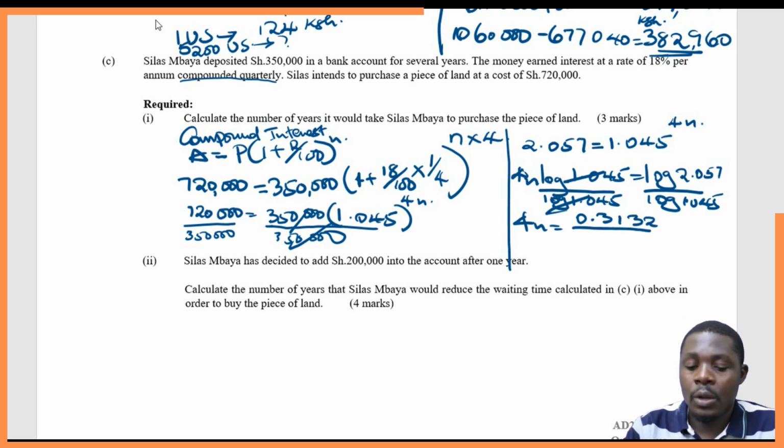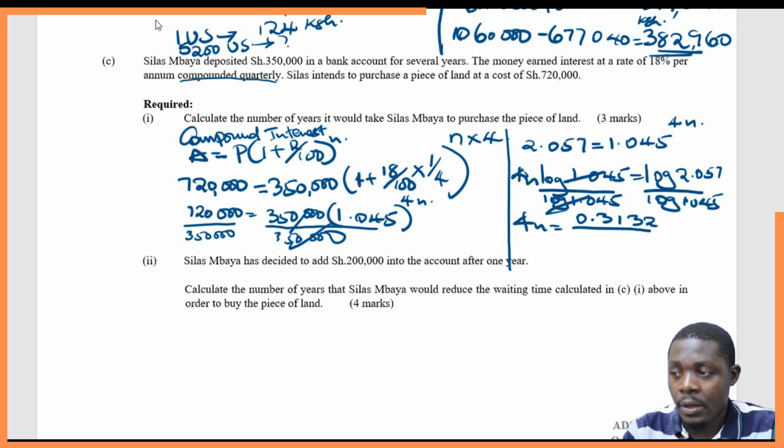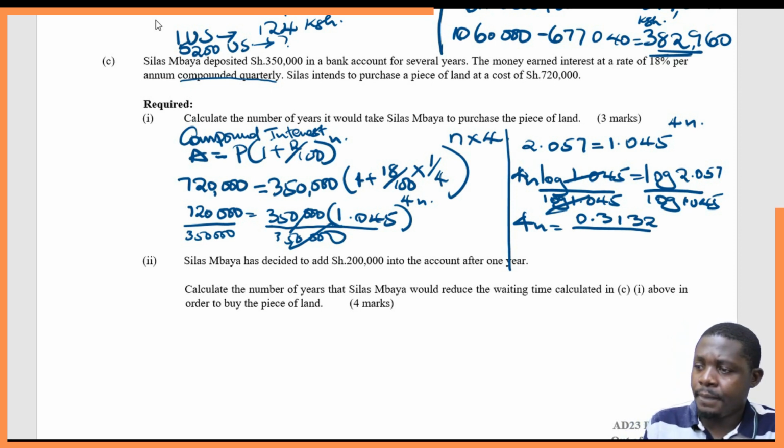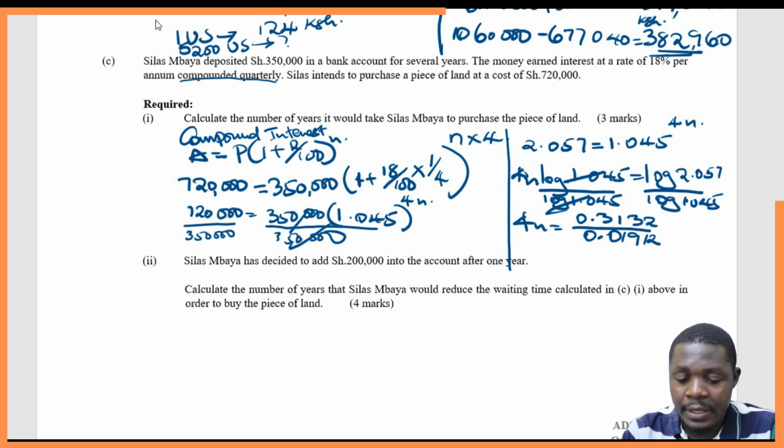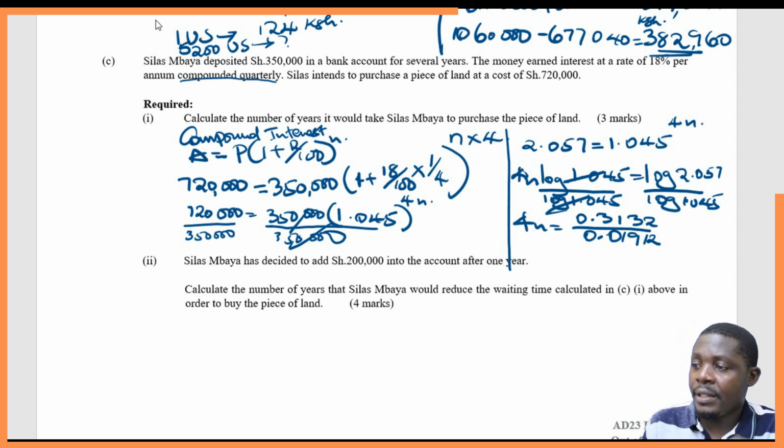We divide by log 1.045, which is 0.01912. Now if you divide that, 0.3132 divided by 0.01912, you get something like 16.